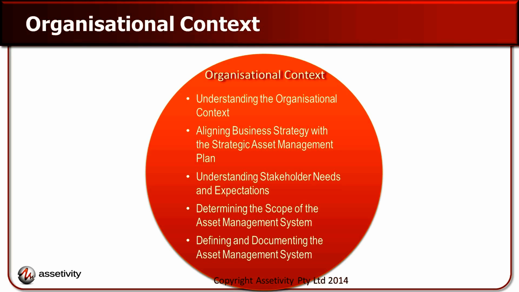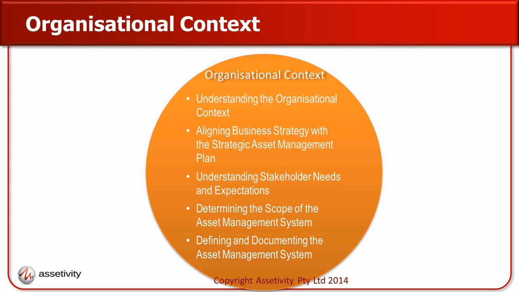There's also a statement in there that you need to define the scope of your asset management system. What we mean by that is which assets, in particular, does this asset management system apply to? It is quite possible for an organisation to have part of its assets certified under this standard.